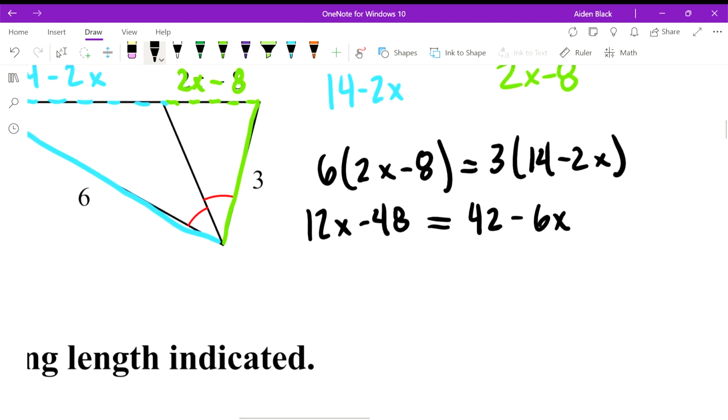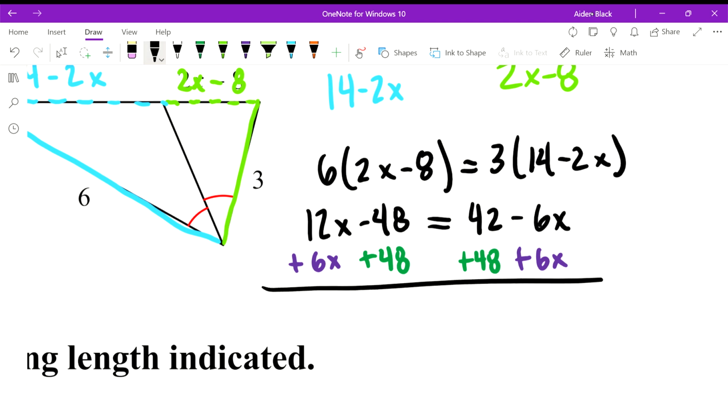I would prefer at this point to add 6x to both sides and add 48, use a different color, to both sides. So I get 42 plus 48, that should be 90, and over here I get 18x.